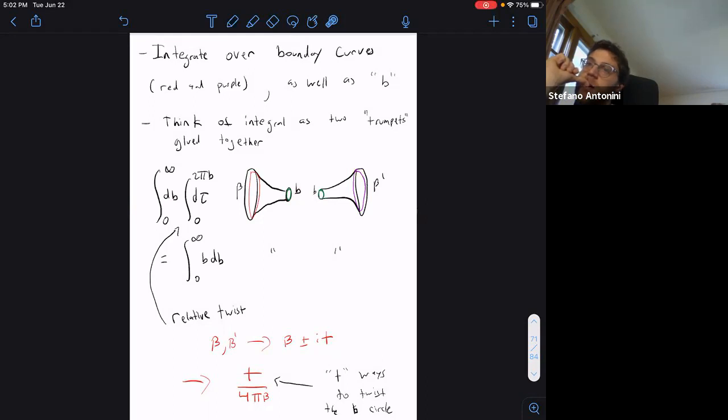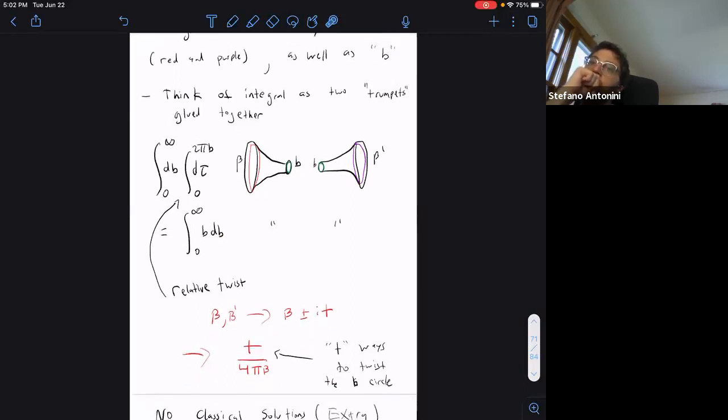Then you also integrate over b from 0 to infinity. If you compute the path integral, it's independent of the twist, so you can just integrate out the twist and find a measure which is b db, missing a factor of 2 pi, but whatever.